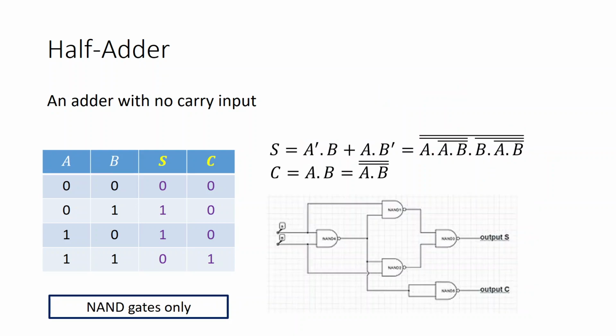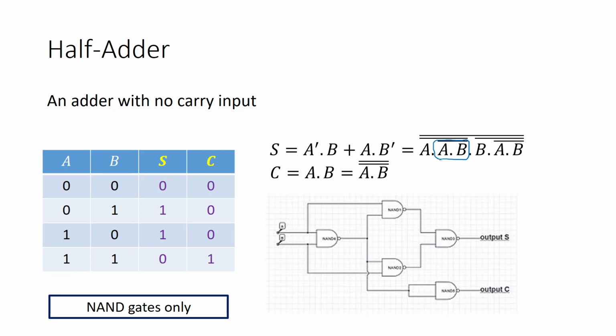So next, this is a problem where we want to use only NAND gates. When we want to use only NAND gates, the expressions have to be formulated in terms of NAND gates. So here you see this expression can be formed in this manner, where every particular block is a NAND gate.